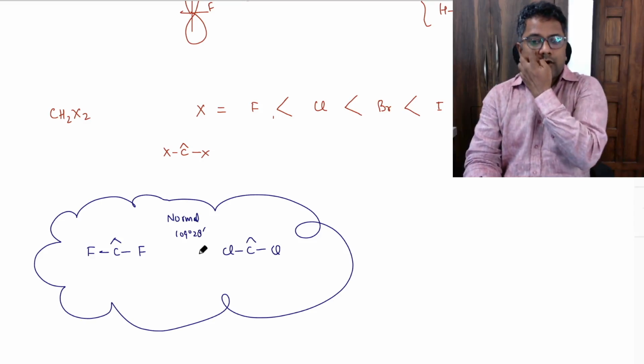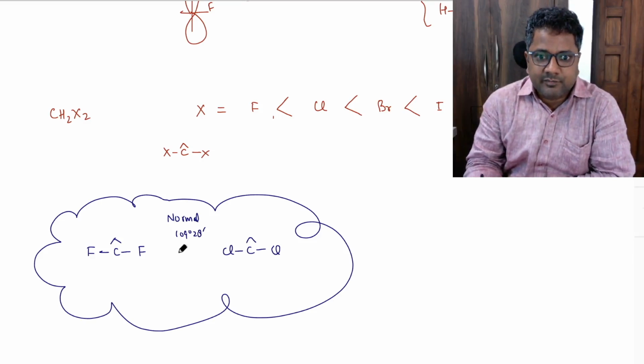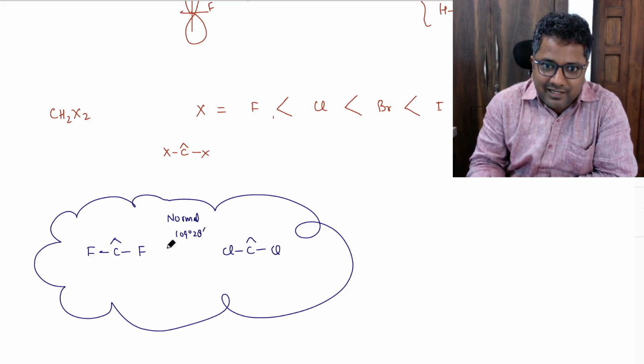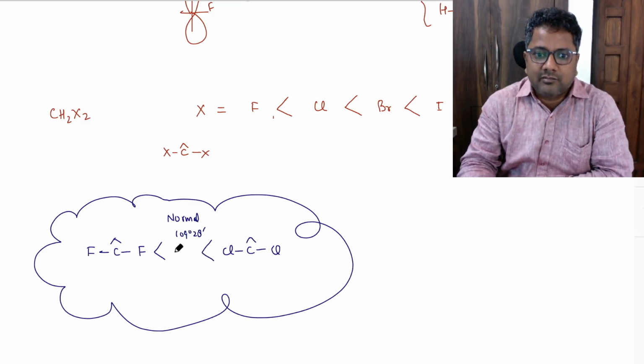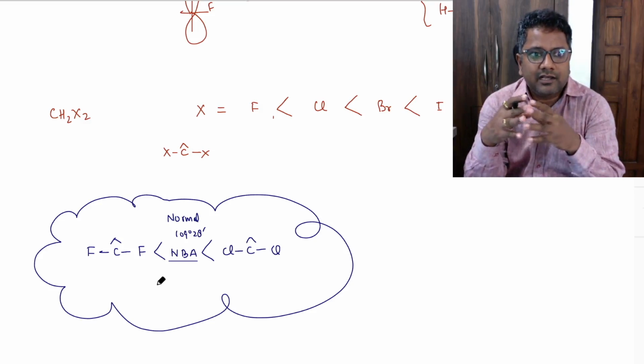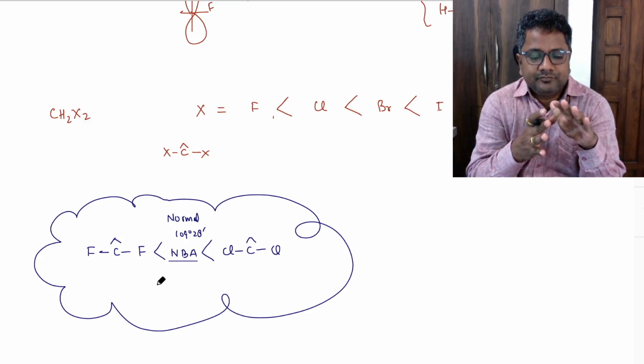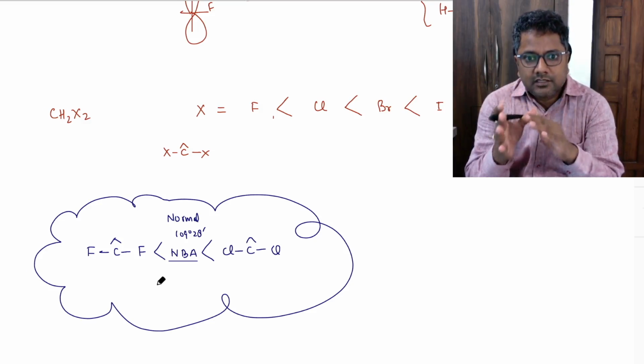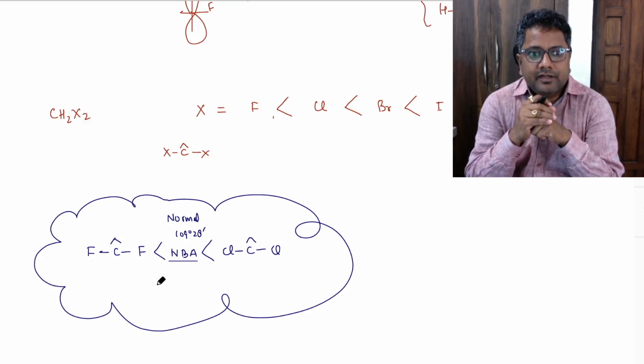This is the normal bond angle for tetrahedral, or you can say sp3. Here it is less than the normal bond angle, but this is more than the normal bond angle. Means this FCF bond angle is less than 109 degree 28 minute, what is expected.